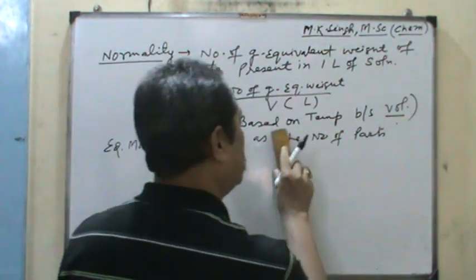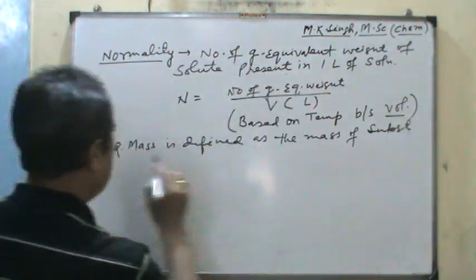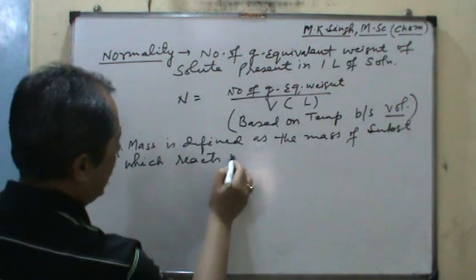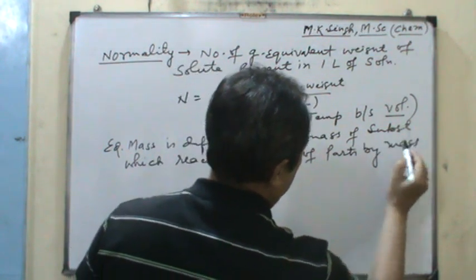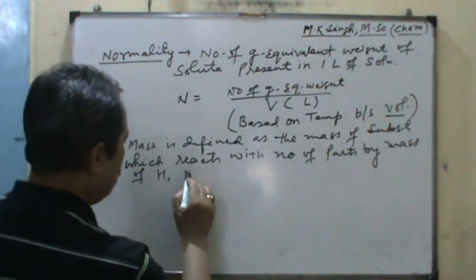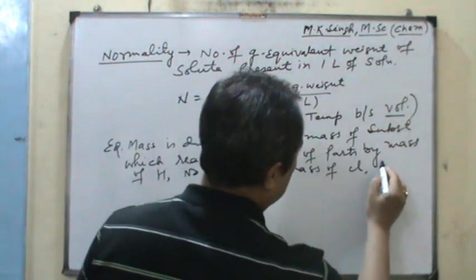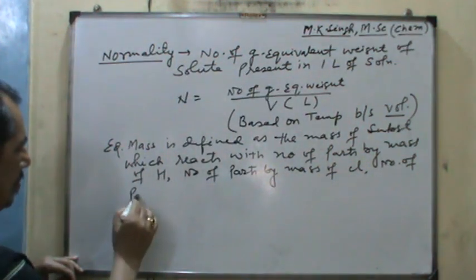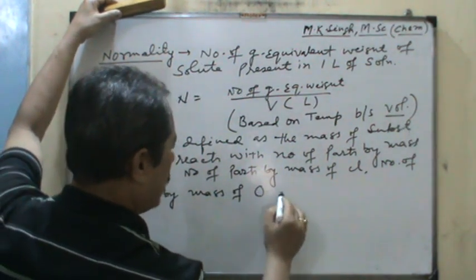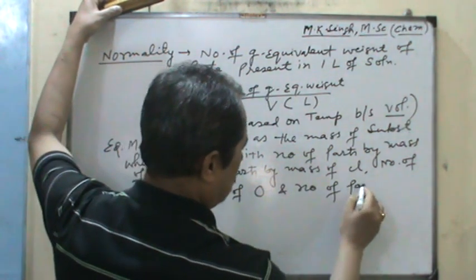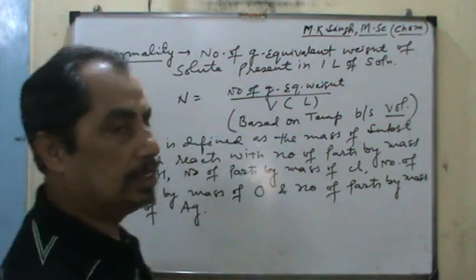Equivalent mass is defined as the mass of the substance which reacts with number of parts by mass of hydrogen, number of parts by mass of chlorine, number of parts by mass of oxygen, and number of parts by mass of silver. Do you understand what I have written?